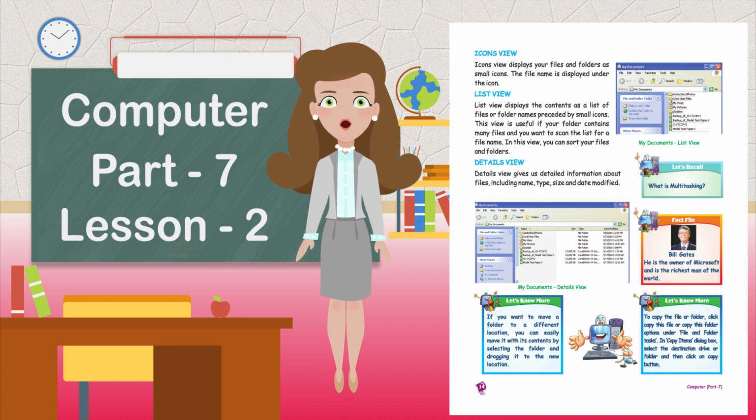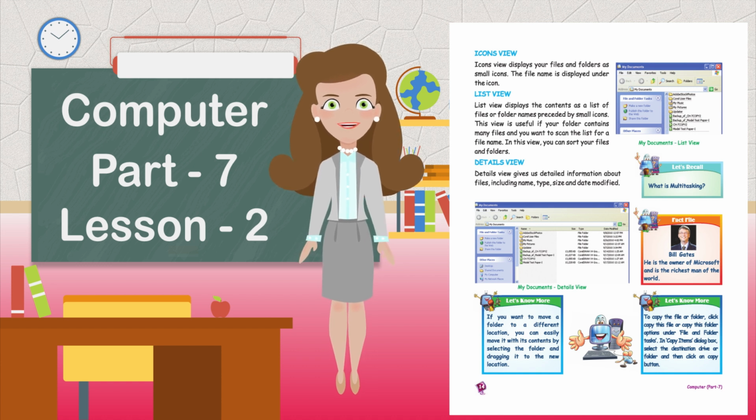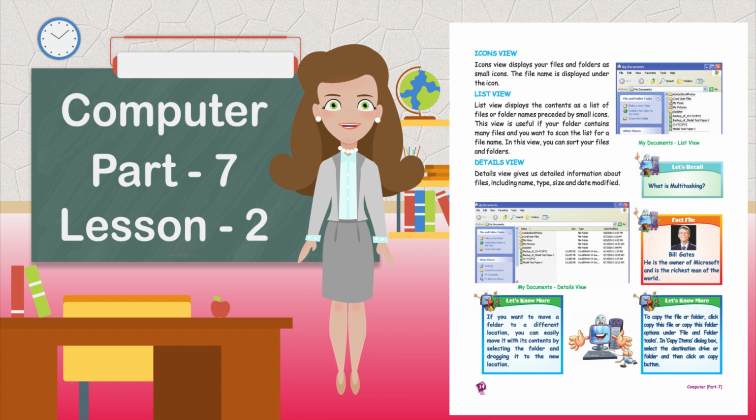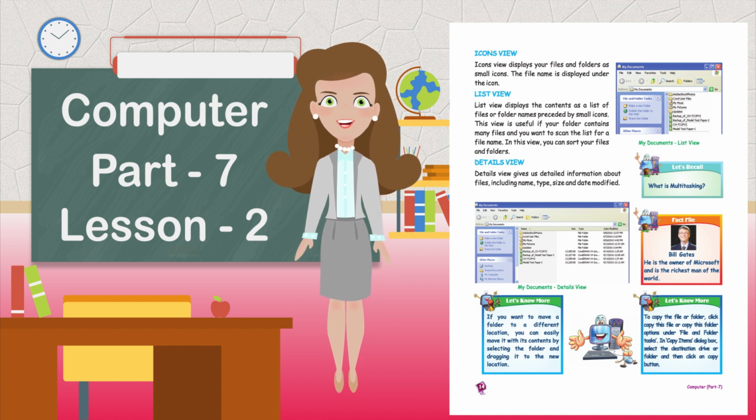This view is useful if your folder contains many files or you want to scan the list for a file name. In this view, you can sort your files and folders. Details view. Details view gives us detailed information about files including name, type, size, and date modified.